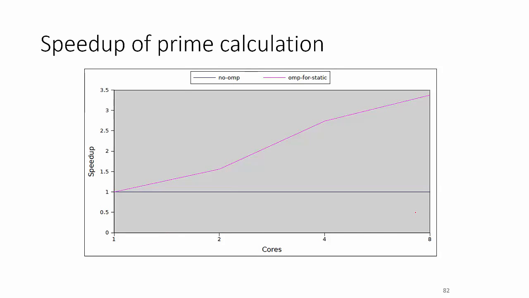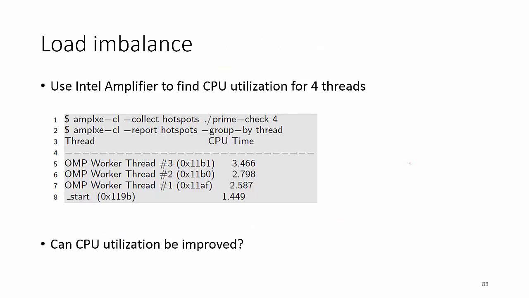We have a speedup of less than 3 on 4 cores and less than 3.5 on 8 threads. This is now on a hyper-threaded quad-core processor, so we shouldn't expect a lot of speedup from 4 to 8, but up to 4 we should get close to 4, because this is an almost perfectly parallelizable program.